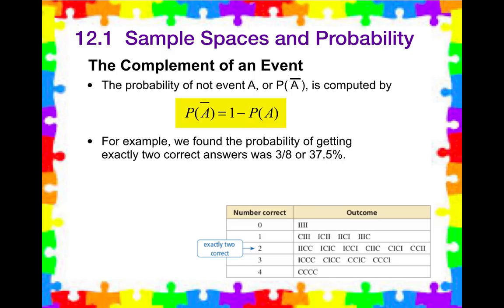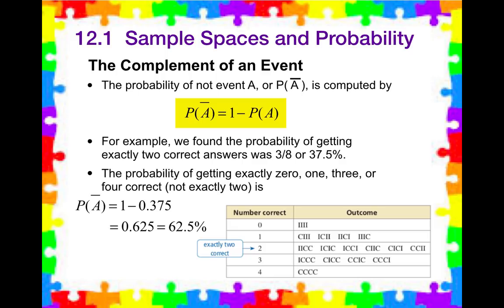So let's ask a question again. For example, we found the probability of getting exactly 2 correct answers was 37.5%. Now, the probability of getting exactly 0, 1, 3, or 4 correct, not exactly 2, is going to be 1 minus the probability of getting exactly 2 correct.